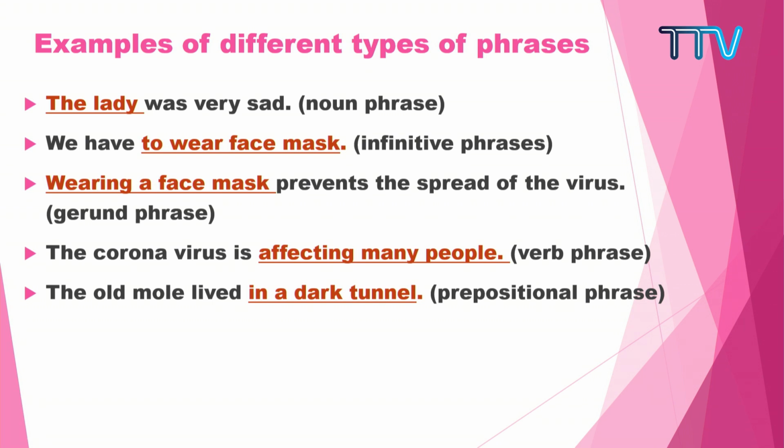You can look at all the sentences we discussed, and now look at the last one. I have highlighted and underlined in a dark tunnel. Why do you think this is a prepositional phrase?